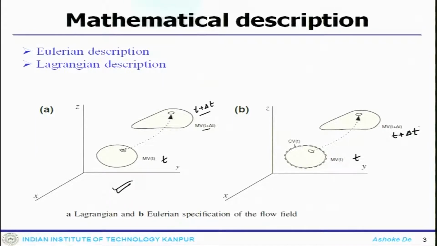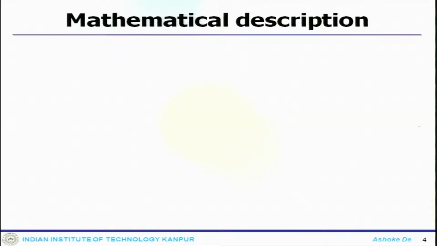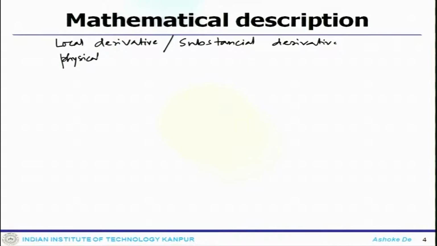Now, when you get the solution for the different frameworks, the first important parameter that you calculate is the local derivative, or what you call the substantial derivative, for any physical variable phi.